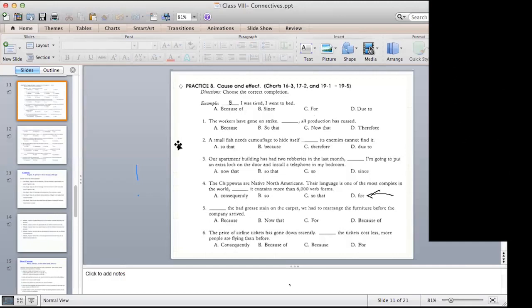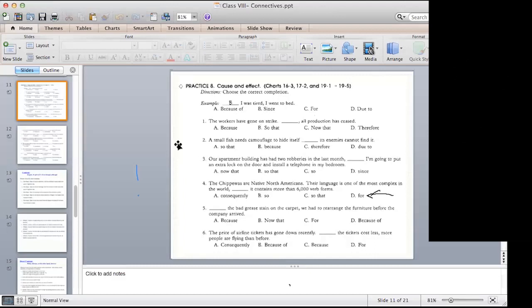We have a noun phrase. Because we have a noun phrase, we need a preposition. We use because of. Very good. Because of the bad grease stain on the carpet, we had to rearrange the furniture before the company arrived.